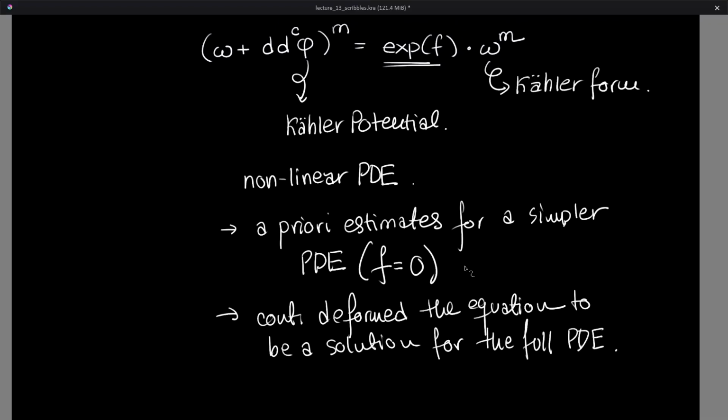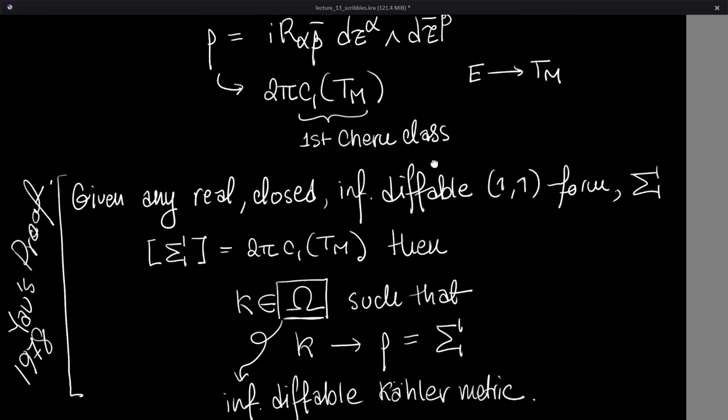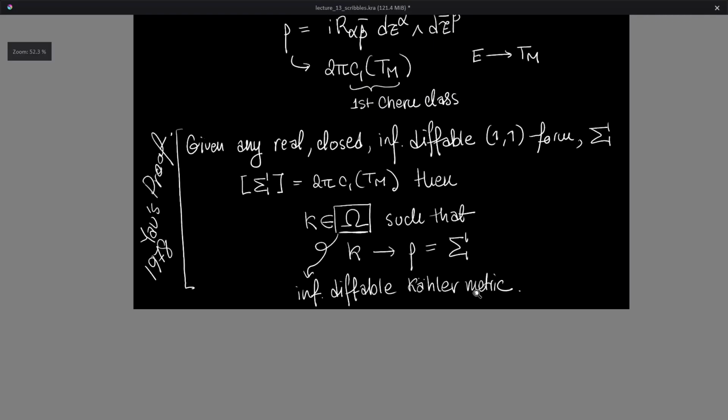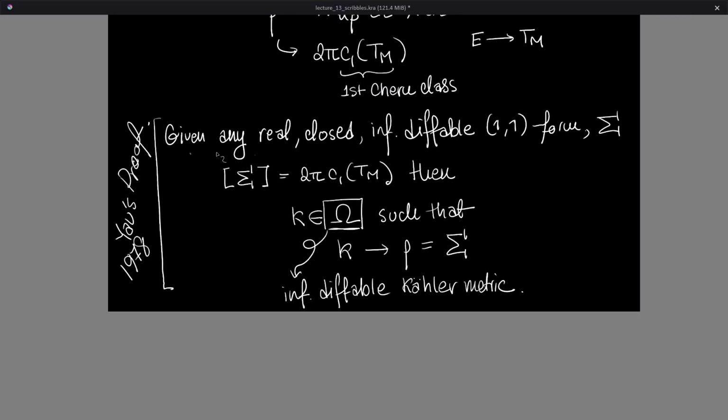I'm not going to rewrite everything because, in fact, Yau's theorem is just Calabi's conjecture, and it says that given any real closed infinitely differentiable 1-1 form, you can find a unique Kähler metric such that this is true.